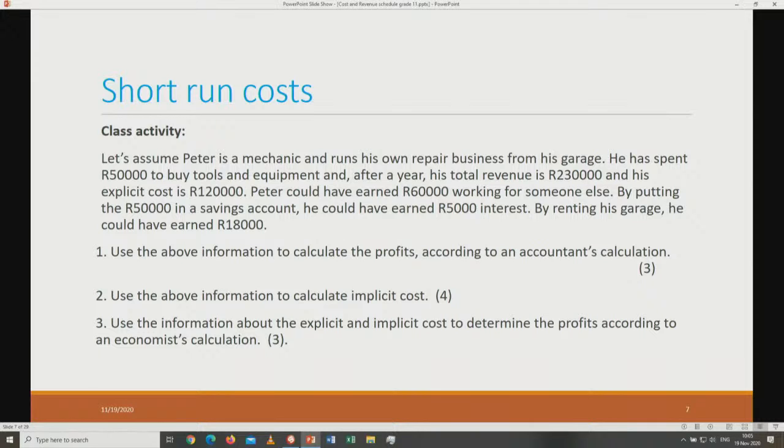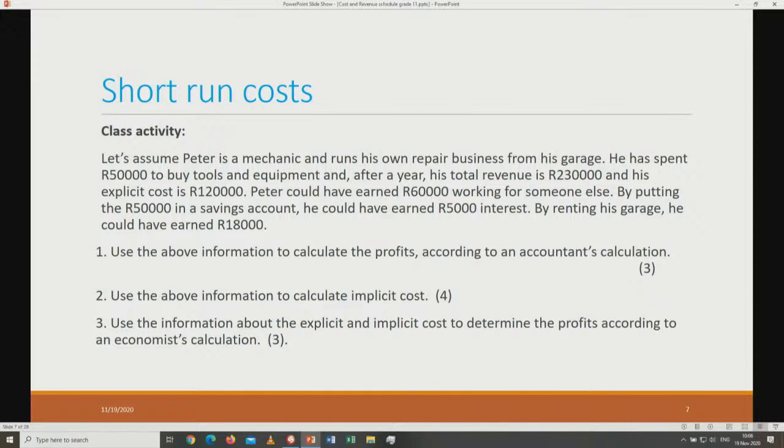Right, now let's look at this example quickly on the screen. I want you to do this as your class activity, but of course I will help you so that you understand how to apply these formulas. Now let's assume Peter is a mechanic and runs his own repair business from his garage.